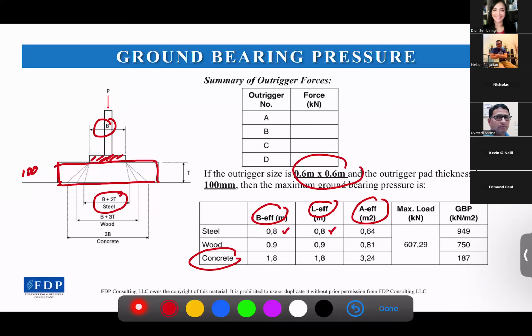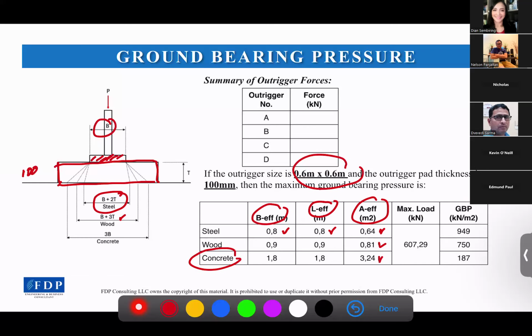To get the effective area, we just multiply them. For the steel we got 0.64, and for the wood it will be a bigger effective area, B plus 3 times the thickness of the bearing pad. So we get an effective area of 0.81, and for the concrete it is 3.24.